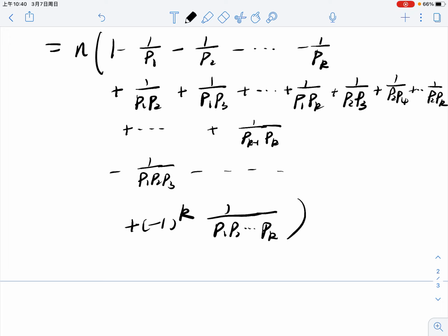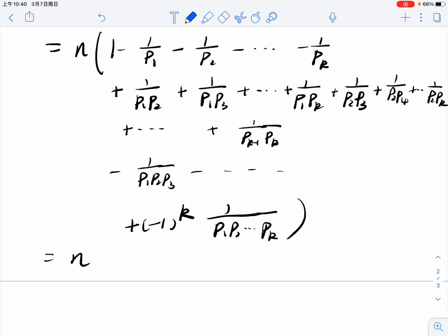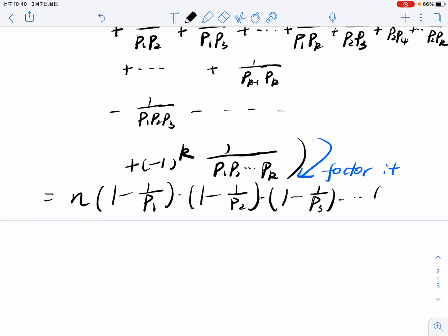Although here you have quite a lot of terms, it turns out you can factor it, which is exactly the product: 1 minus 1 over p1 times 1 minus 1 over p2 times 1 minus 1 over p3 times all the way to 1 minus 1 over pk.